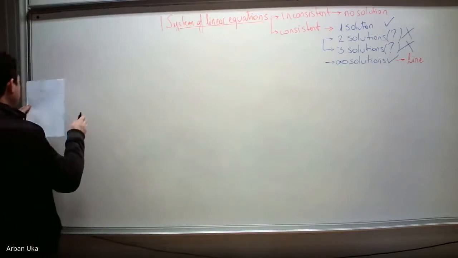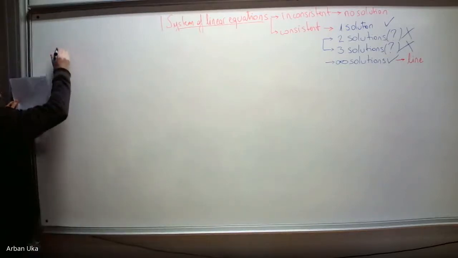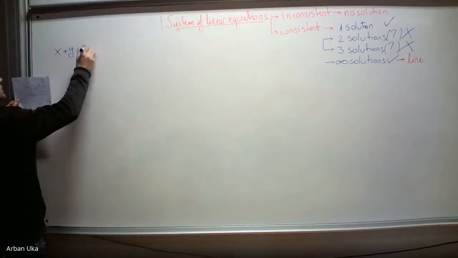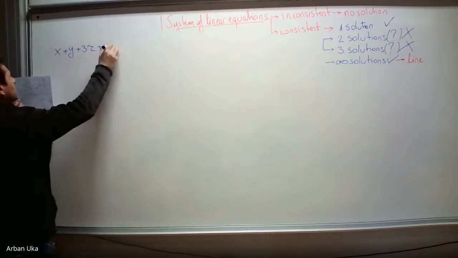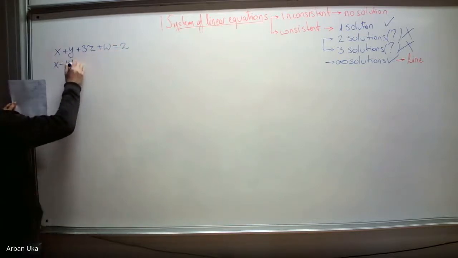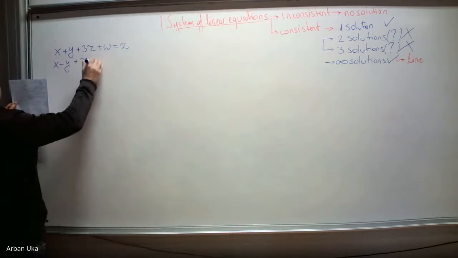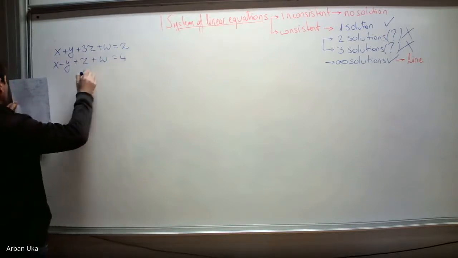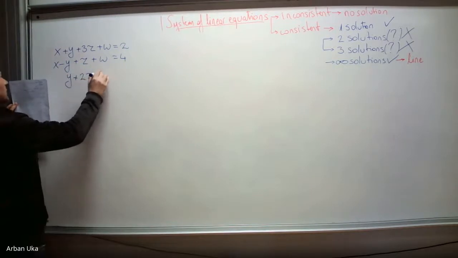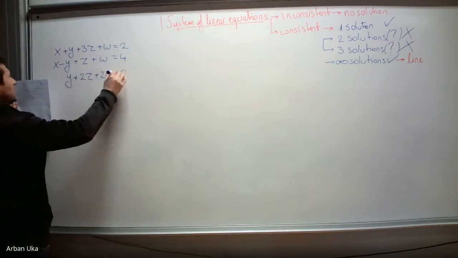So let's imagine that we have a system that looks like this: x plus y plus 3z plus w is equal to 2. x minus y plus z plus w is equal to 4. And y plus 2z plus 2w is equal to 0.